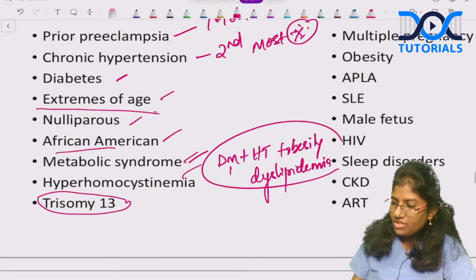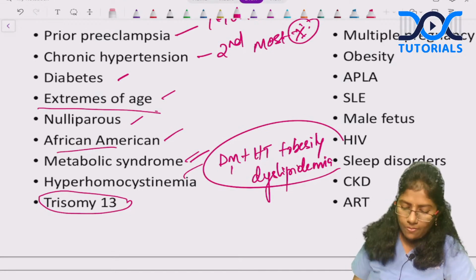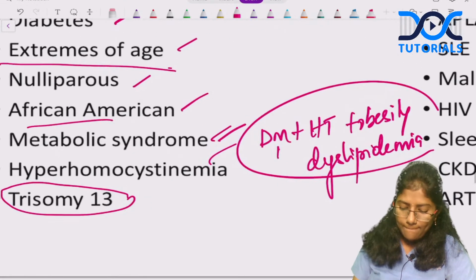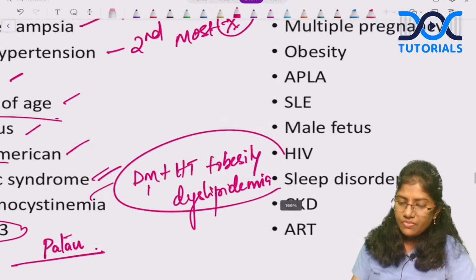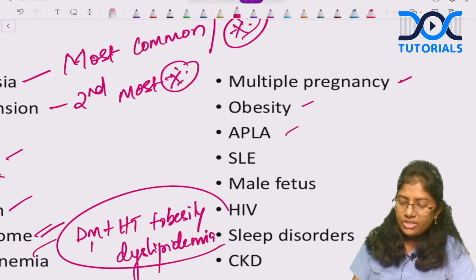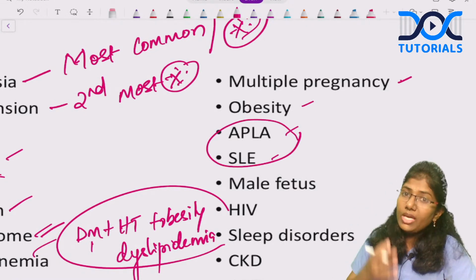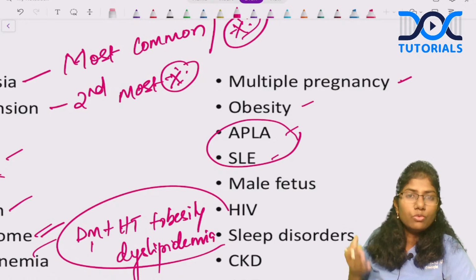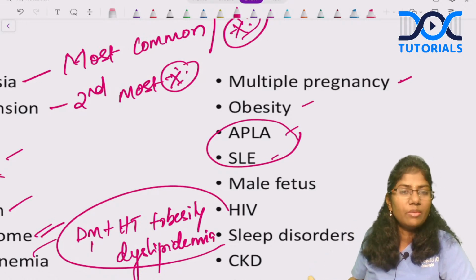Trisomy 13 is Patau, right? Multiple pregnancy is a risk factor, obesity, APLA, SLE. APLA and SLE are two autoimmune diseases which increase the risk for preeclampsia, abruption, IUGR, abortion. They are associated with many pregnancy complications.